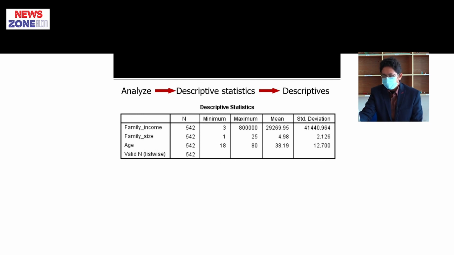This is descriptive statistics for family income, family size, age. 3 variables are here, and the first column is for number of values, the second column is for minimum value, the third column is for maximum value, the fourth column is for mean or average, and the last column is for standard deviation. So in one page we can create all these statistical descriptions.